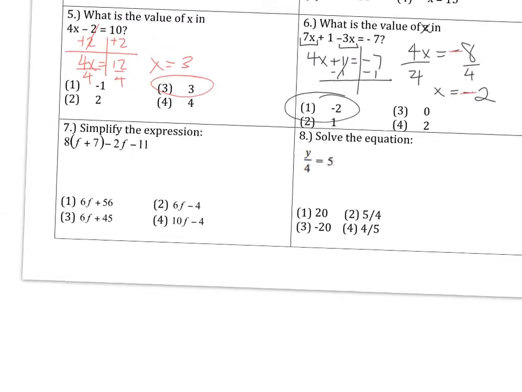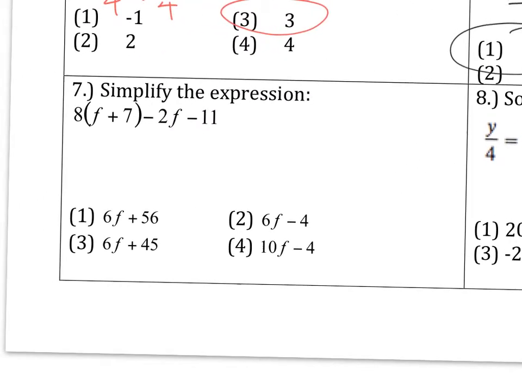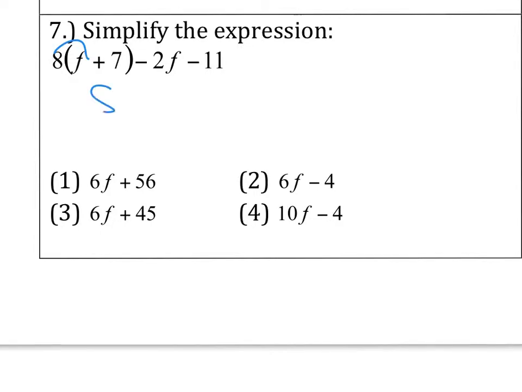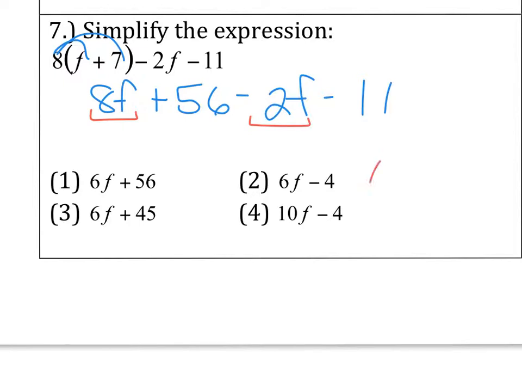Okay, moving along. This one you don't actually have to solve, you just have to distribute and simplify. So we're going to distribute 8f plus 56 minus the 2f minus 11. So we're going to put like terms together. 8 minus 2 is 6f, and 56 minus 11 is 45.